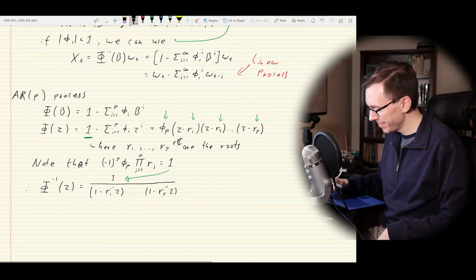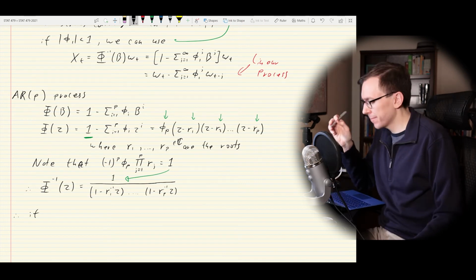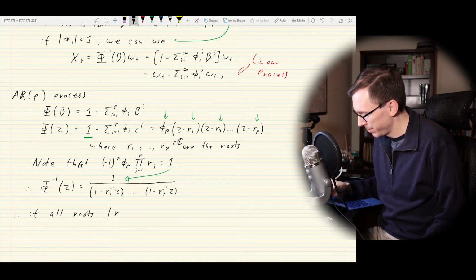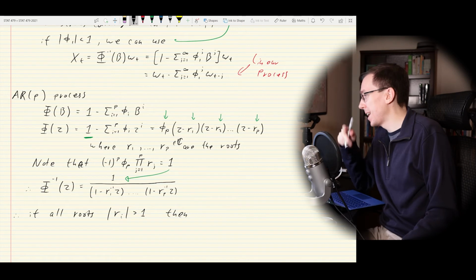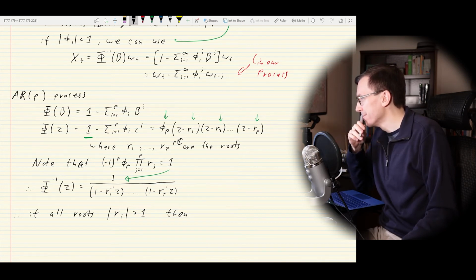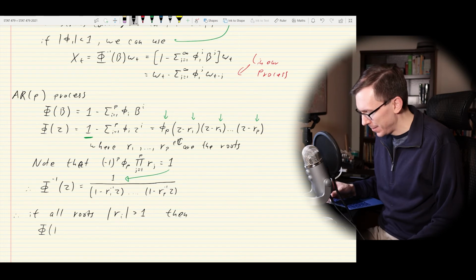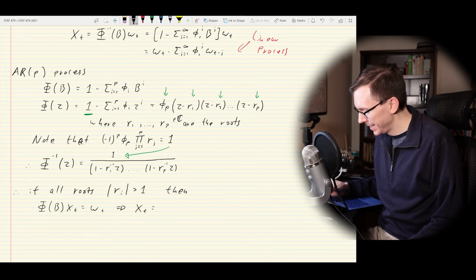Therefore, if all roots are greater than 1 in magnitude, that is, they lie outside the complex disk, then we can take phi(B) x_t equal to w_t, our autoregressive equation, and rewrite it as x_t equals phi inverse of B applied to w_t.